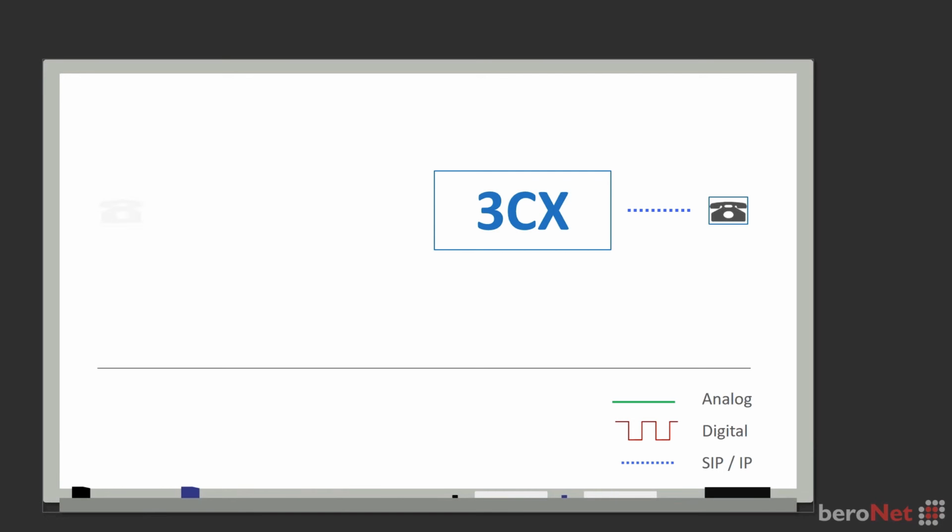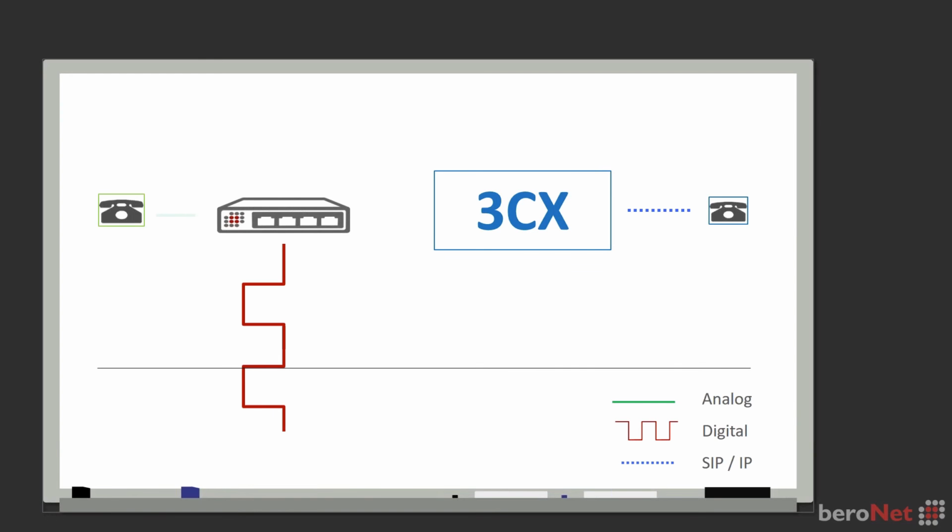You usually need a gateway if you have either analog devices to connect to your 3CX or ISDN lines that you want to connect to it as well. In this case, you will need to use one voice over IP device that enables you to connect analog devices and ISDN lines to your 3CX.